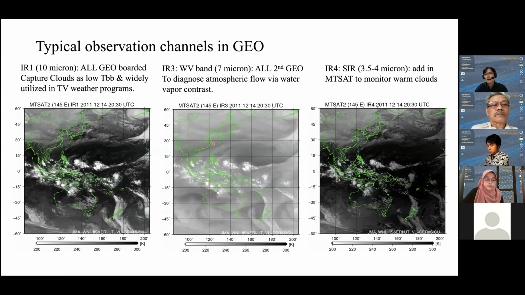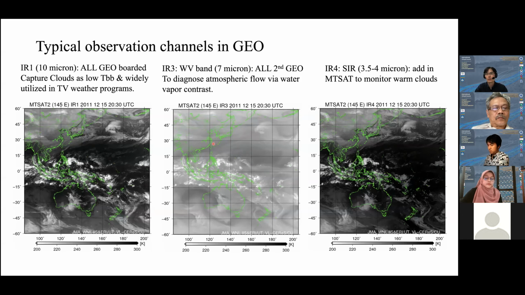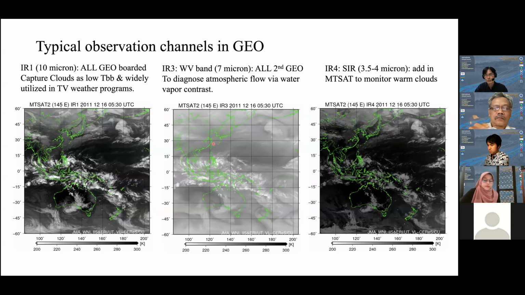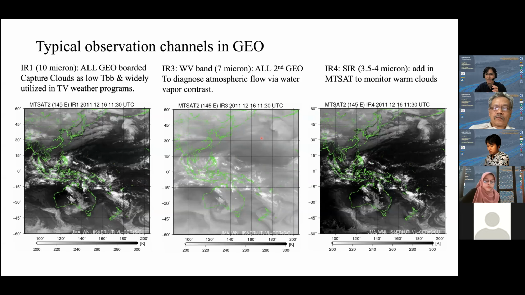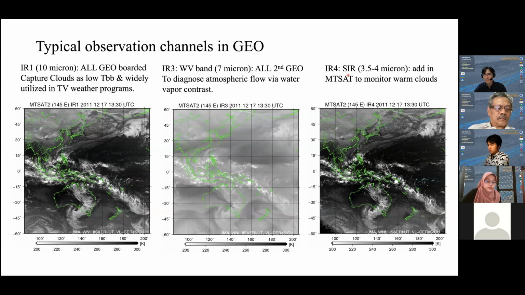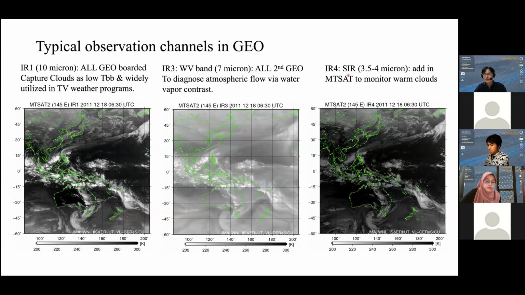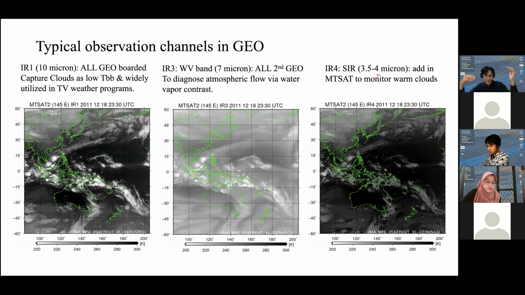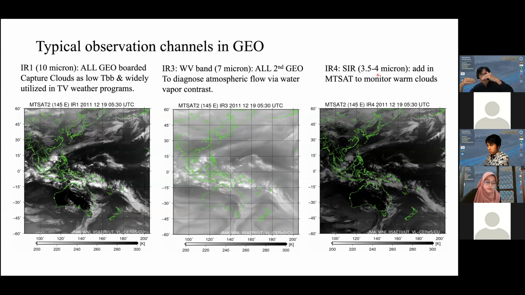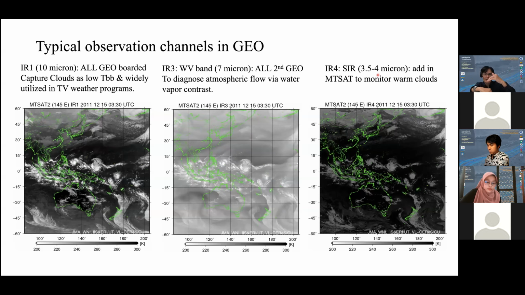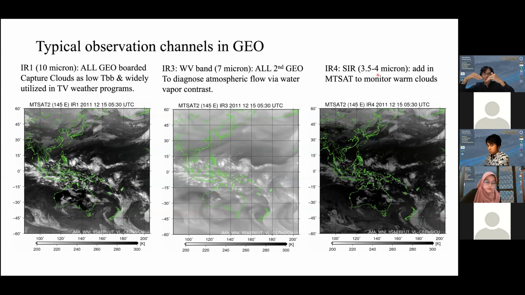And IR4 can be captured by the 2.5 generation satellite. This is 3.5 and 4 micrometers. This wavelength is affected by both sunlight wavelengths and the Earth's own emitted wavelengths.